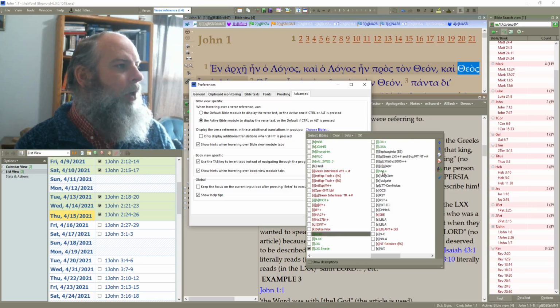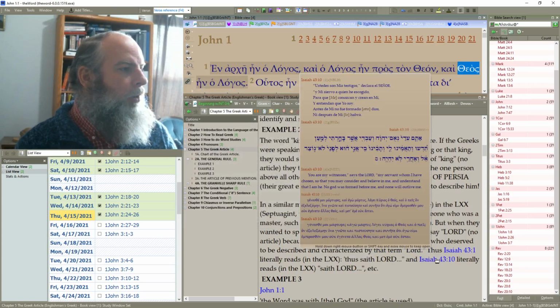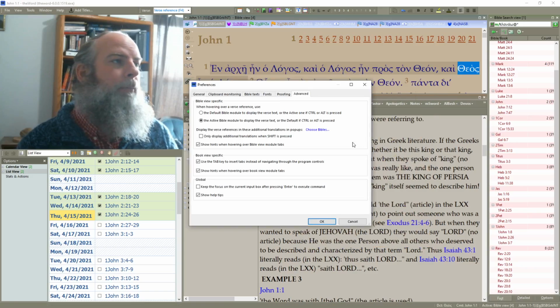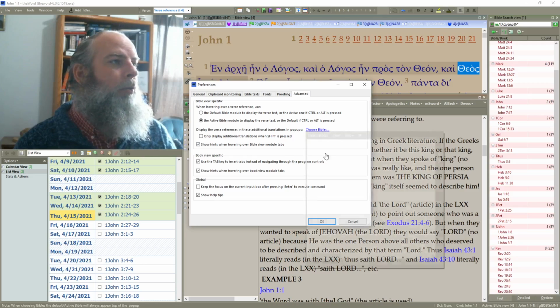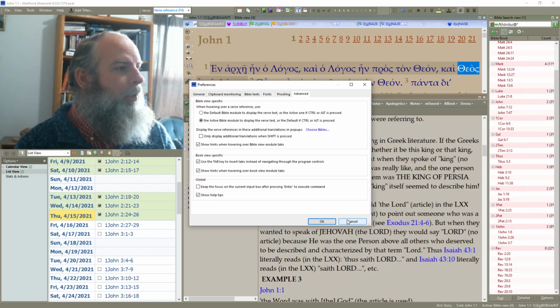Oh, there it is. That was the one I was looking for. Okay, let's turn off the sweet tea as well. The sweet tea is an excellent one as well. I don't think it has the Strongs or morphology in it, but there we go.